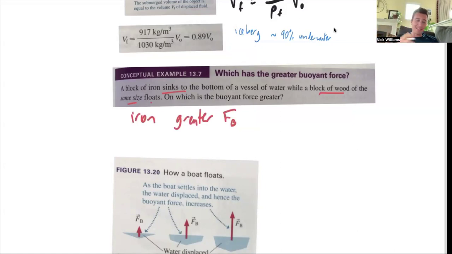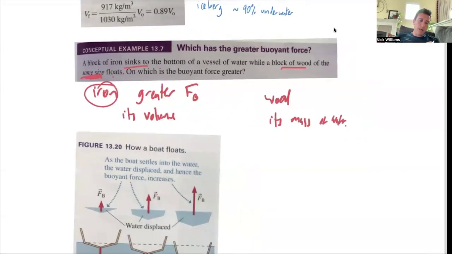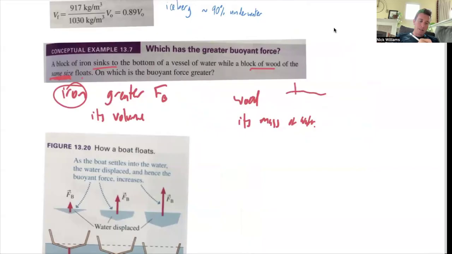And since it's the same size, the iron will displace its volume. The wood will only displace its mass of water. And since it's floating, it's not displacing its full volume. It's displacing this much water, but it's not displacing that much water.